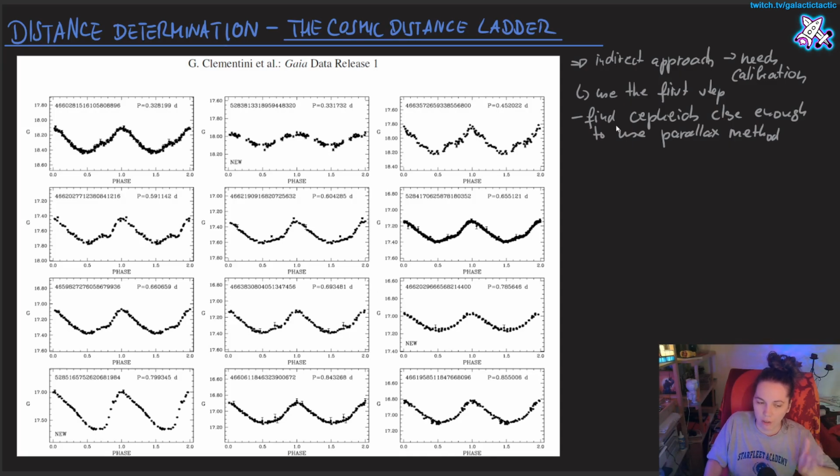Use the found distance. The apparent magnitude we can always observe, right? So use the found distance and m, where small m is the apparent magnitude, to calculate the absolute magnitude.